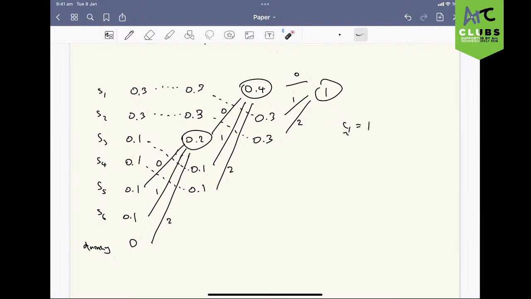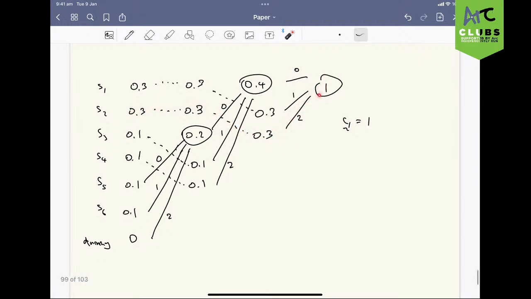For the second one, the path is like that. So it's going to be 2, nothing, nothing. For the third symbol, the path looks like this, so it's going to be 0, 1, nothing. For the fourth one, it's going to be like that, so 0, 0, 2, nothing.